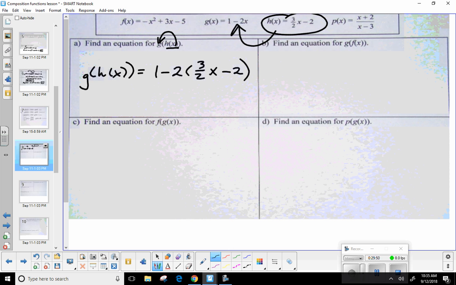So I plugged h's equation directly into g, just like we did a moment ago. And now we just simplify as far as we can. What do I get if I distribute the negative 2? So negative 3x plus 4. So it looks like my equation is going to be linear, negative 3x plus 5.